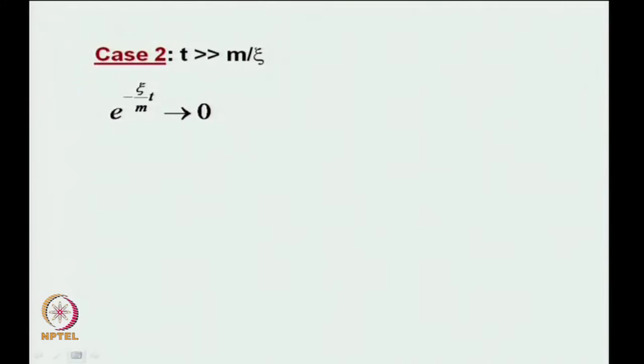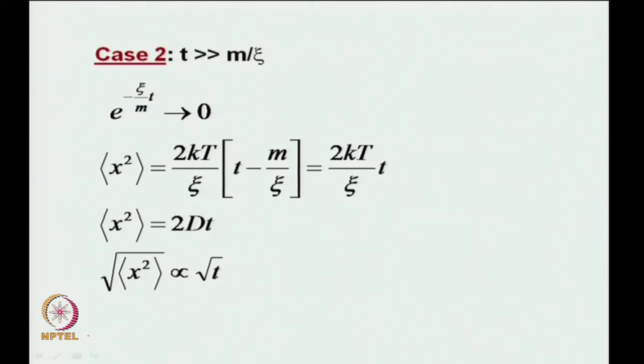Then this factor tends to 0, and your root mean square displacement, again your RMS, is proportional to the square root of t, or the average of x square is equal to 2 times D times t. This is also what I told you last time, a characteristic of a particle exhibiting Brownian motion, and this is what we derived from the Langevin equation.